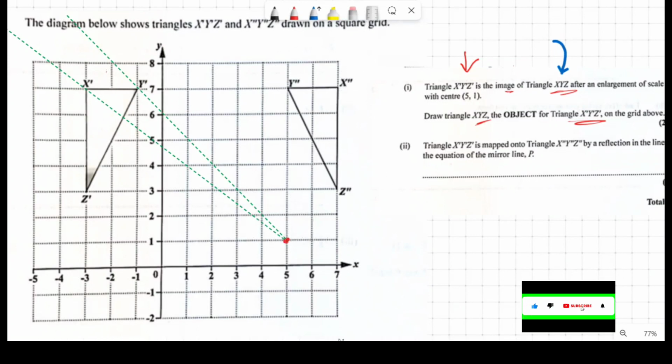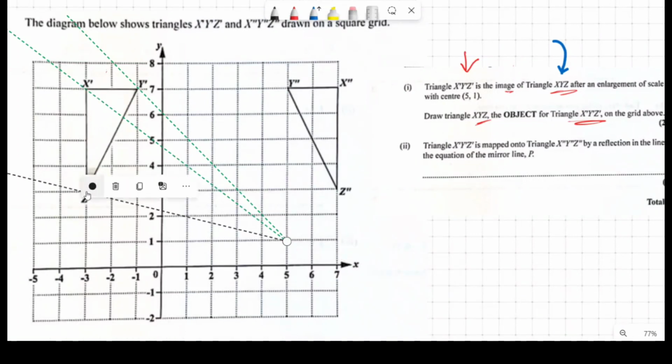See there? All right. So what I'm saying is the triangle that you're looking for will be shaped just like this blue one, and it's going to be halfway between where the center is and the other one up here.